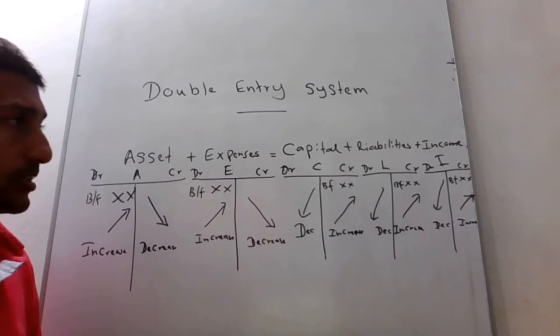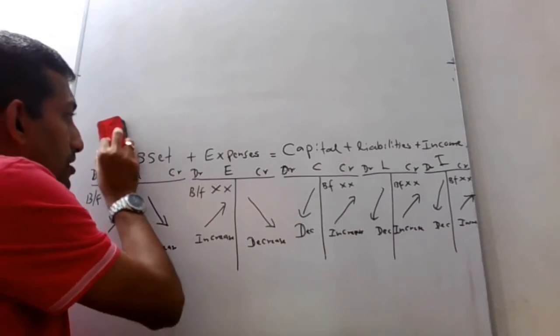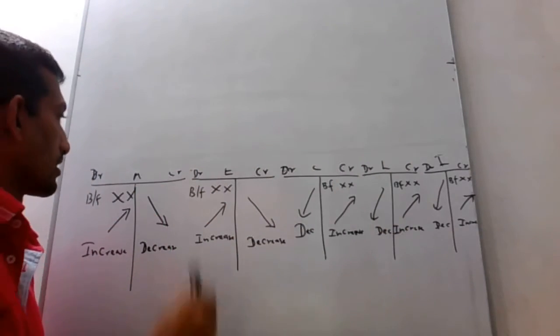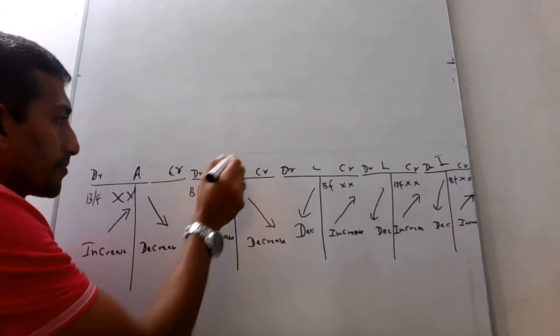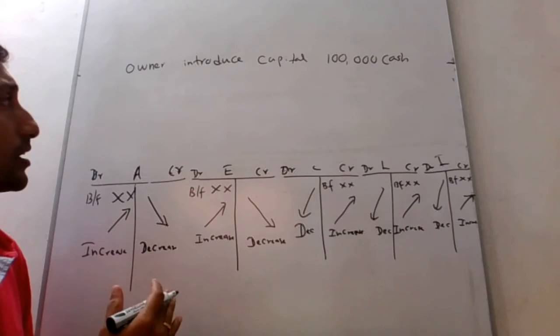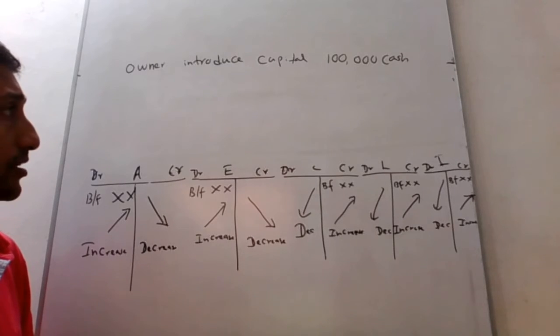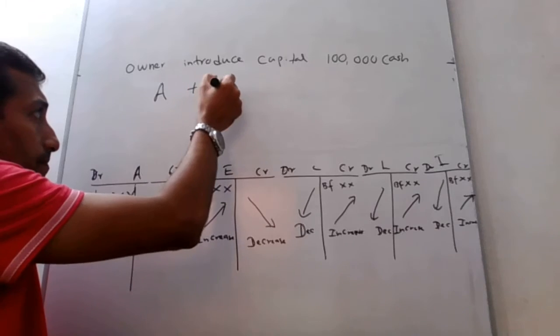So let me first write the transaction and then I will write the effect. Okay, the first transaction: the owner introduced capital of 100,000 to the business. What is the accounting equation effect for this?